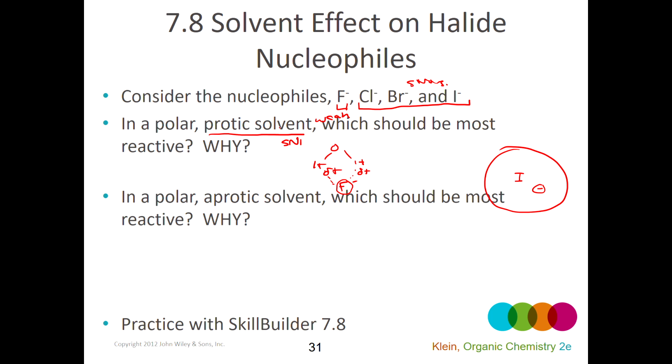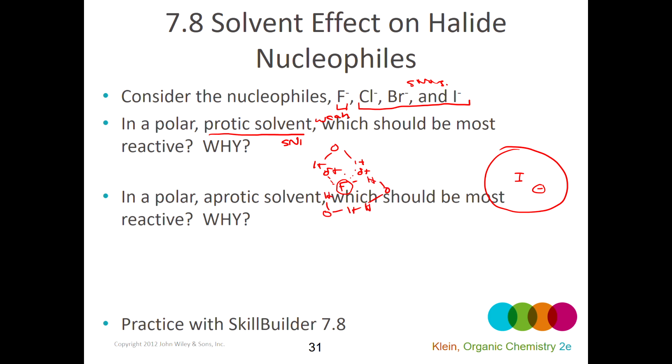So if I have a protic solvent that can form a really strong attraction, that really hinders the fluoride's ability to act as a nucleophile. As we were saying, if the solvent forms a strong attraction to the nucleophile, it has a hard time reacting. It would have to shake off a bunch of solvent molecules around it. So I have a bunch of these solvent molecules around here.